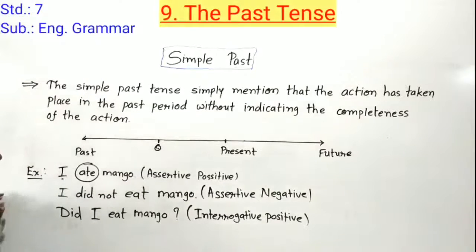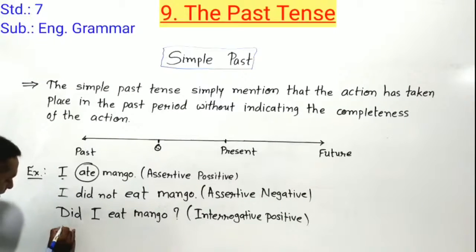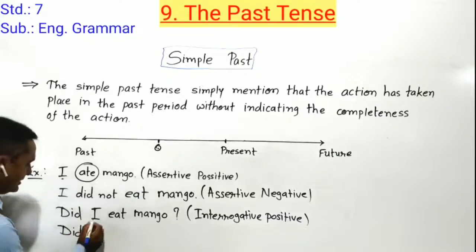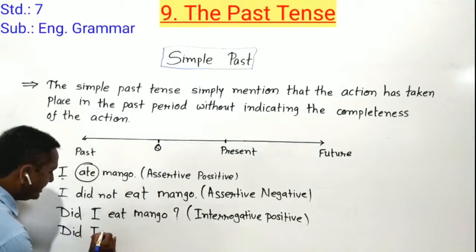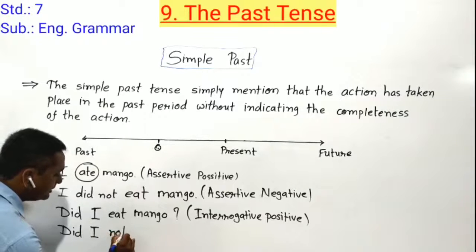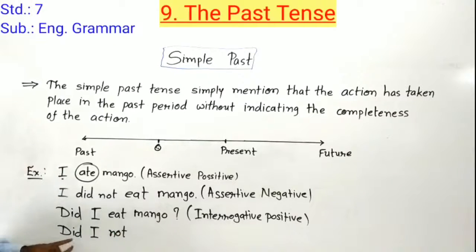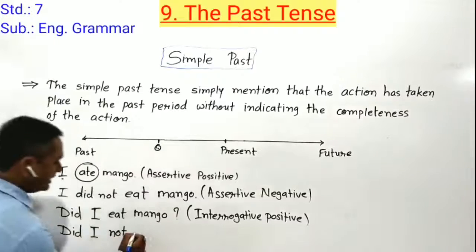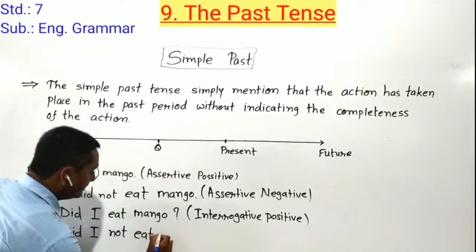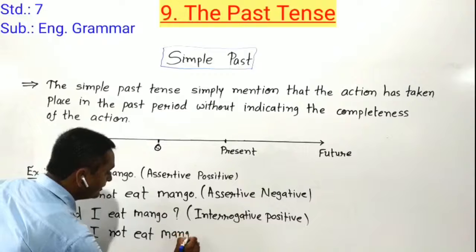First I do it without contraction. Just see. First of all we write the helping verb did. Then we write the subject I. Then we put not here. Did I not eat mango?